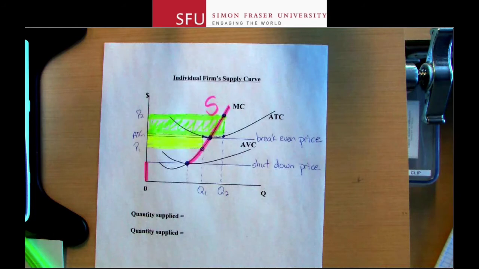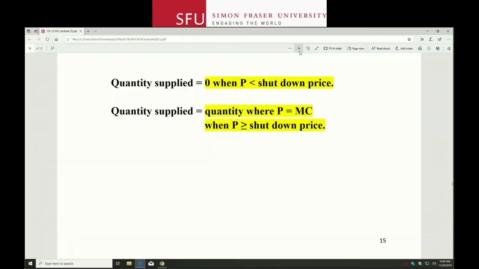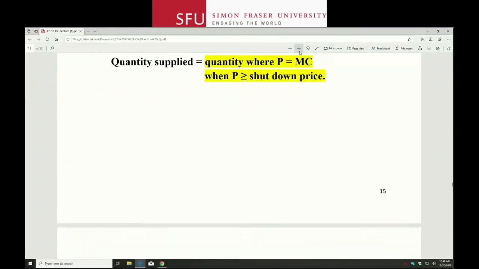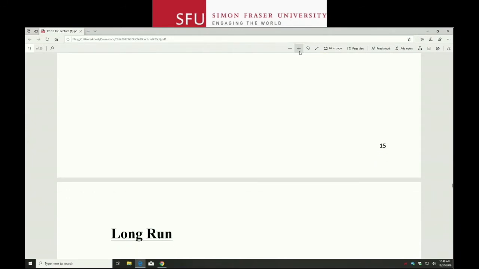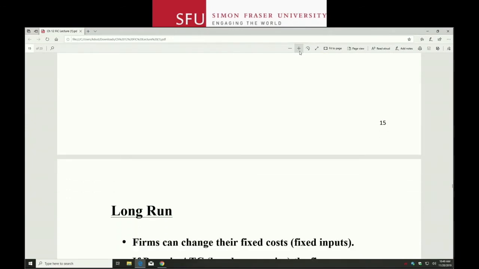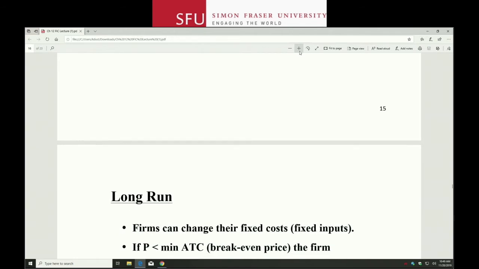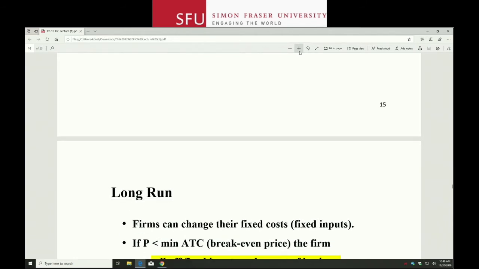Okay. So the next thing to talk about is the long run. So long run, short run. In the short run you have a fixed input of some kind, like building, equipment, things like that.